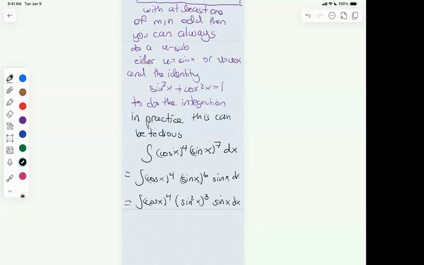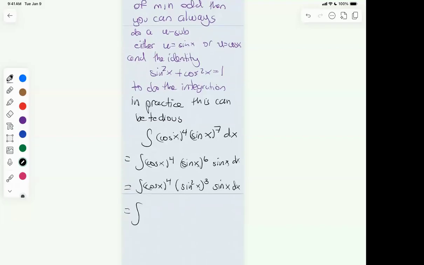Hopefully it's already taking shape of where I want this to be headed, because then I write sine squared as 1 minus cosine squared, right? Sorry, 1 minus cosine squared, not 1 minus sine squared.